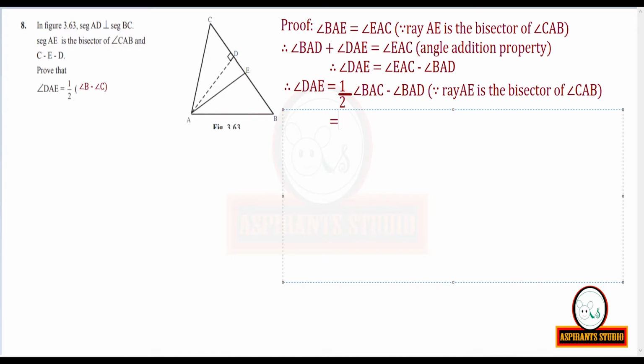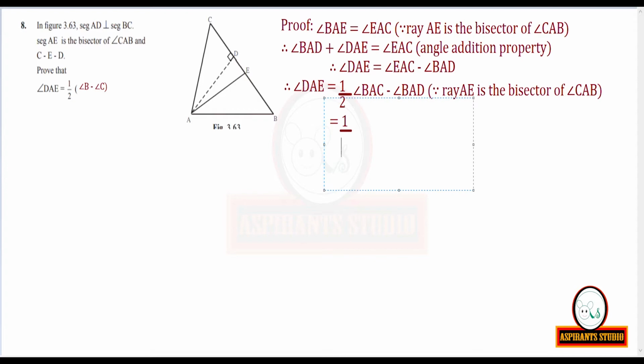Within brackets you write angle addition property. So now we have split up angle BAC as angle BAD plus angle DAC. Half is written outside the bracket.